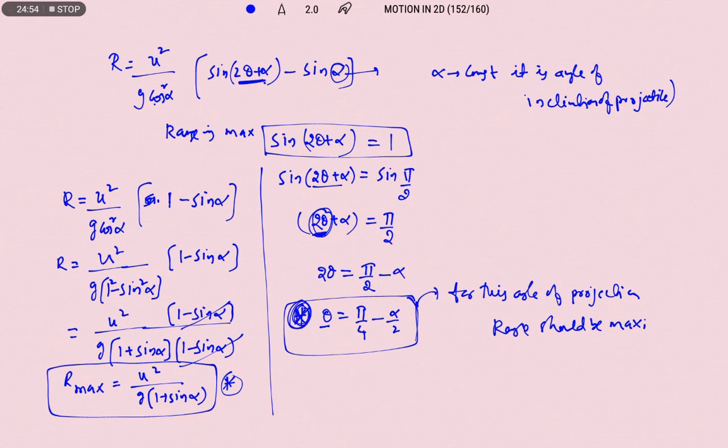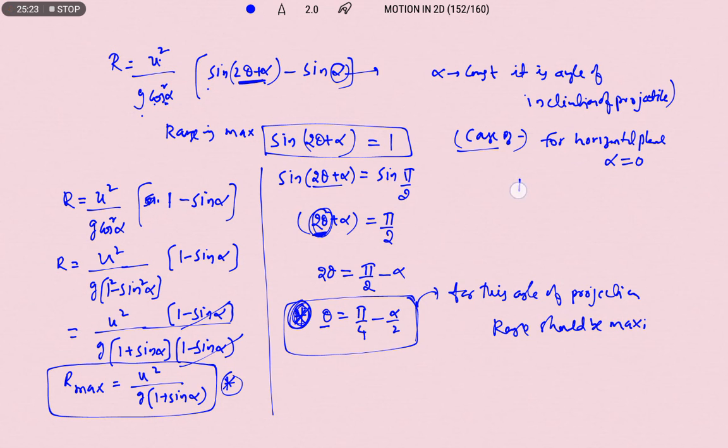Okay, this cos square alpha will be 1. So u square by g, and sin 2 theta you are going to get. Let's check this as a special case for horizontal planes, where alpha equals 0.